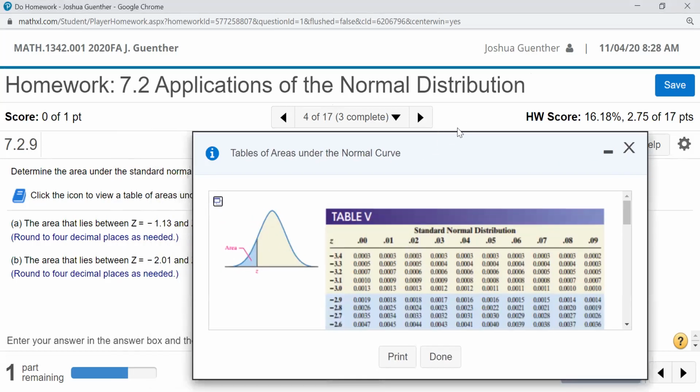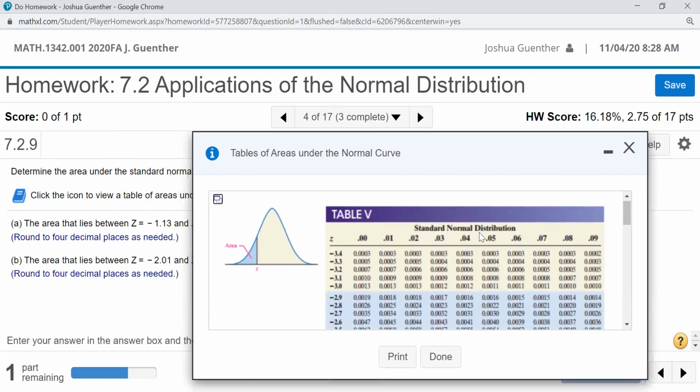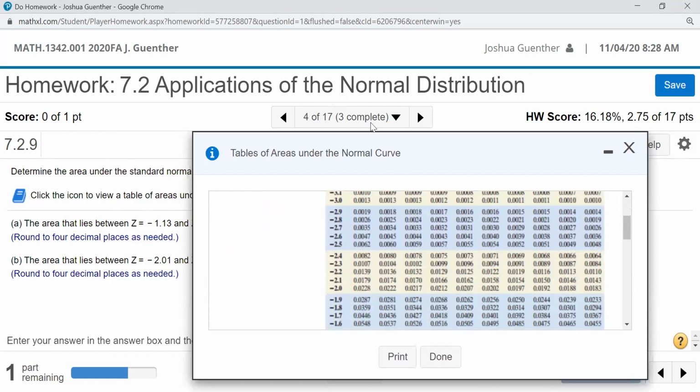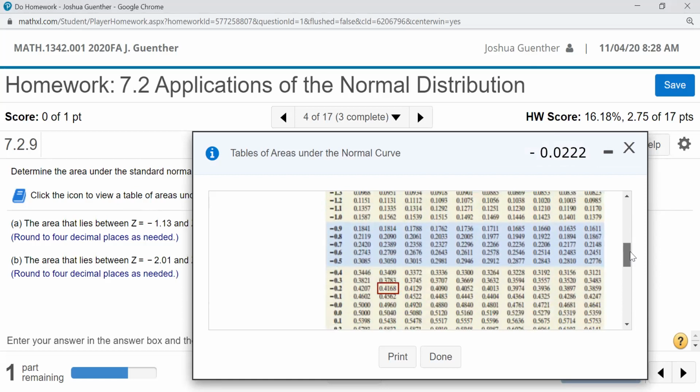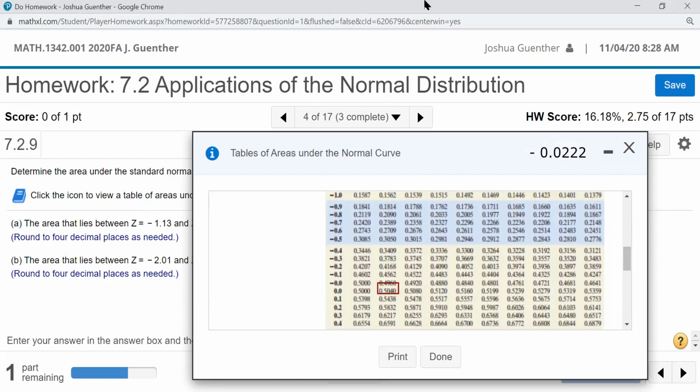So we need to look up the probability of being to the left of z equals negative 2.01. Negative 2.01, that'll be this guy right here. So we're subtracting 0.0222. Now we need to go look up 0 exactly.